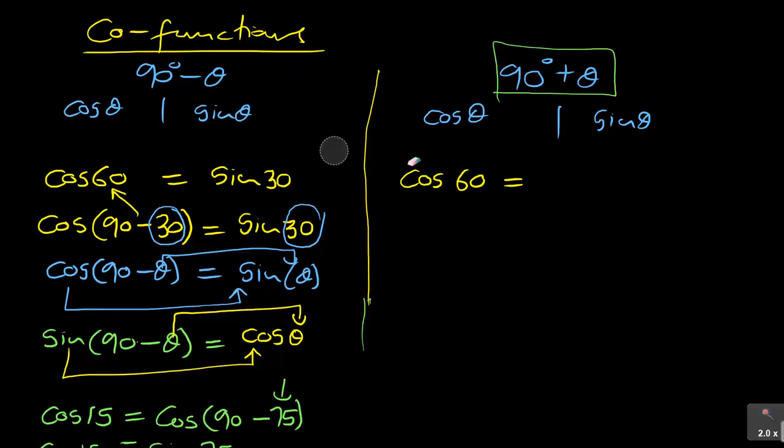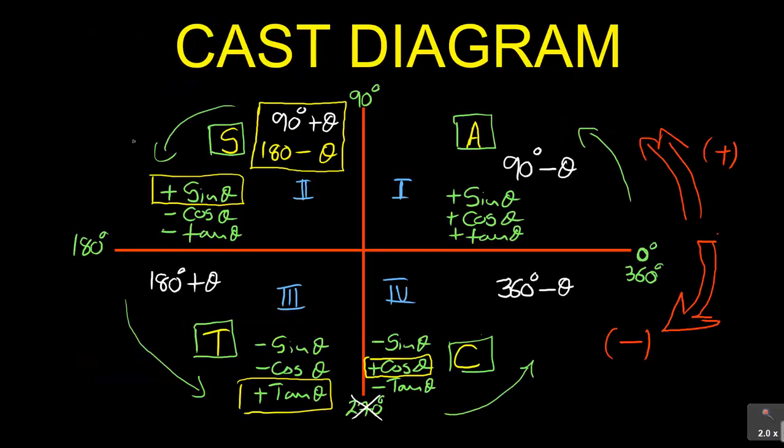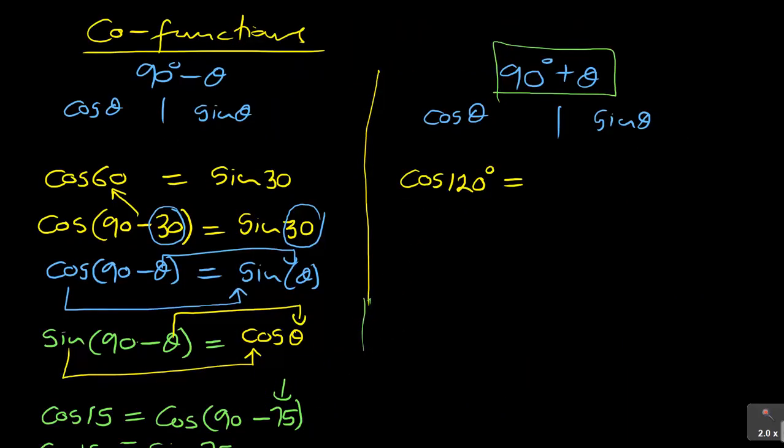Suppose I've got cos 120 degrees. Why? Because 120 is in the second quadrant, right?